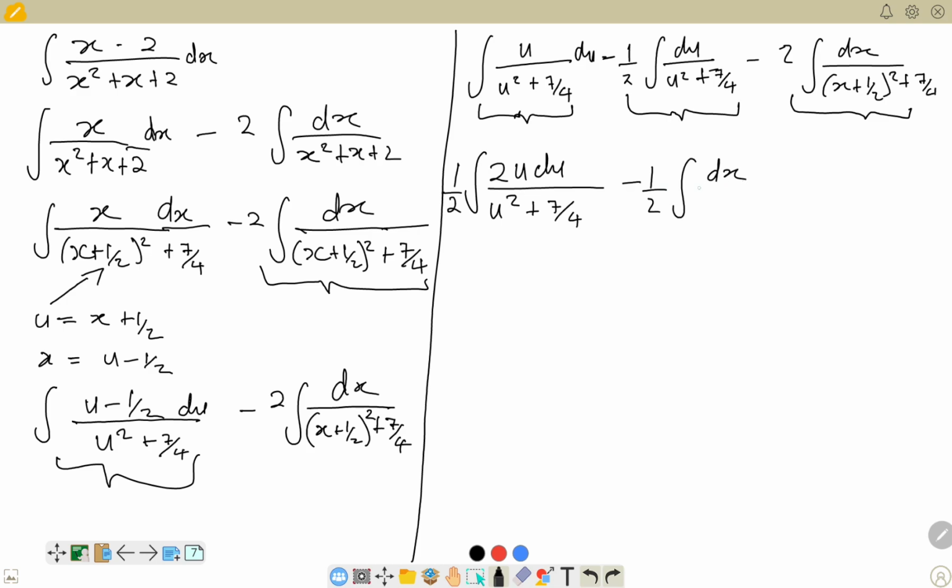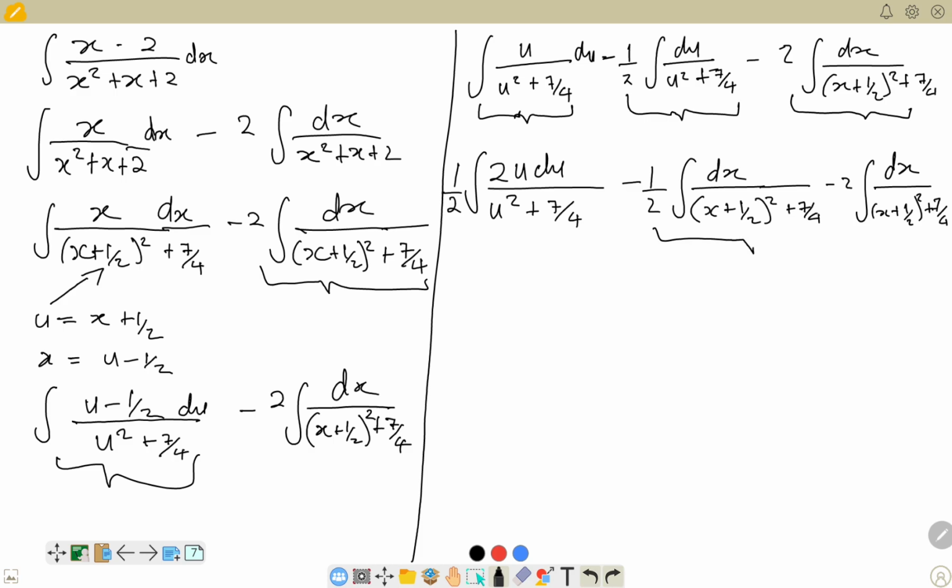If I change this now to be in terms of x, because u is equal to x plus 1 over 2, now it's equal to that plus 7 over 4, minus 2 into dx over x plus 1 over 2 all squared plus 7 over 4.